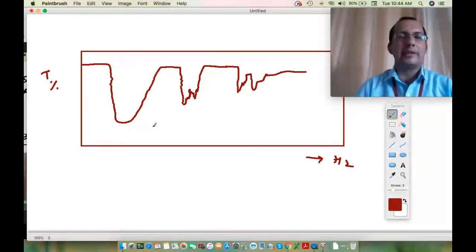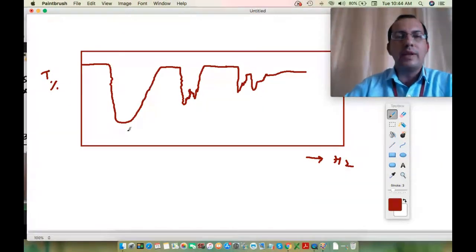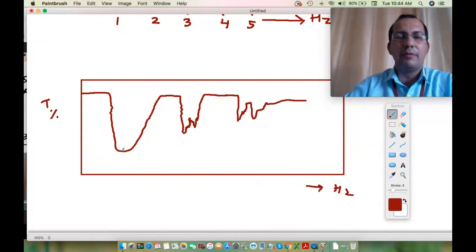The spectrum will look like this one, the actual spectrum. For each molecule, you would have a particular spectral fingerprint in this case.